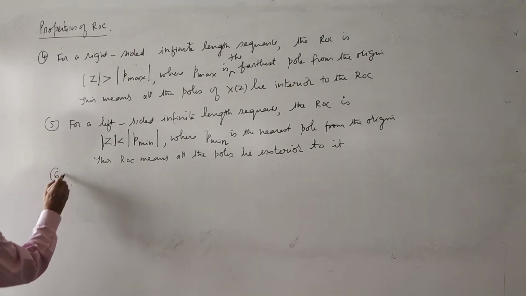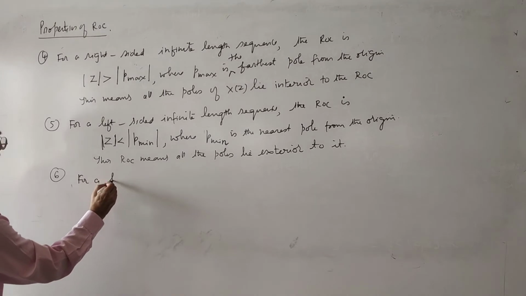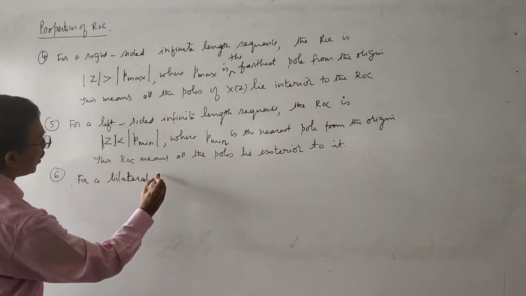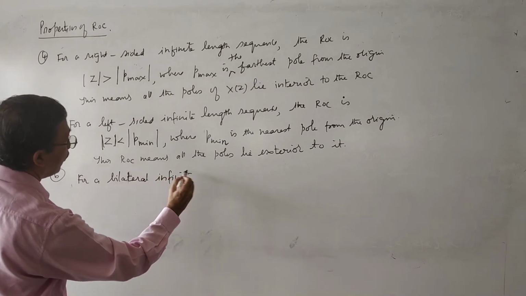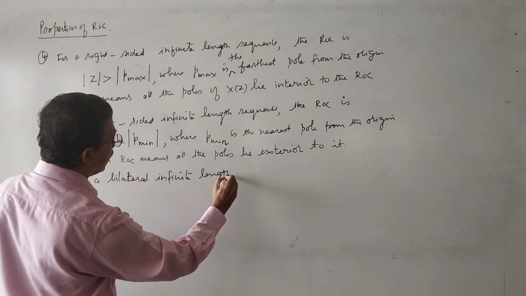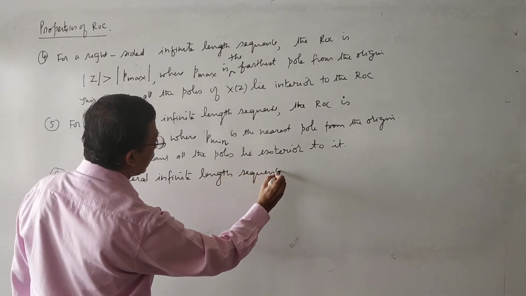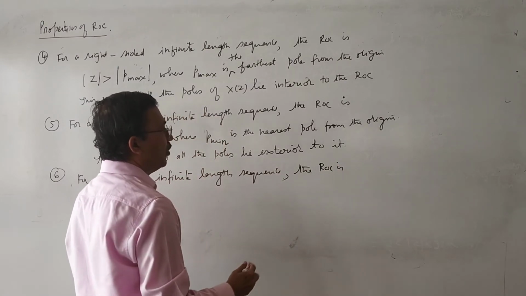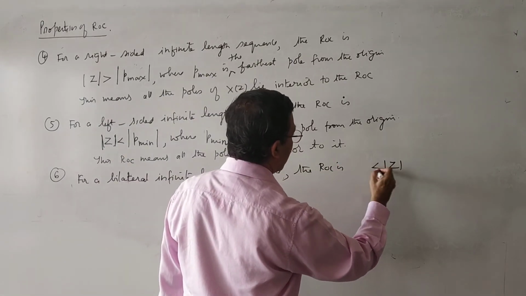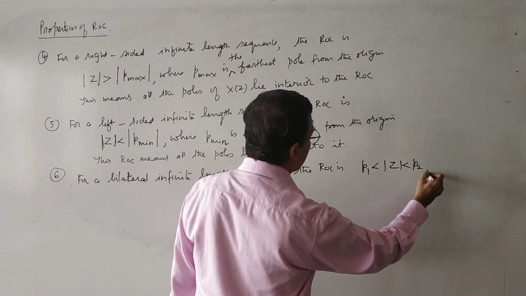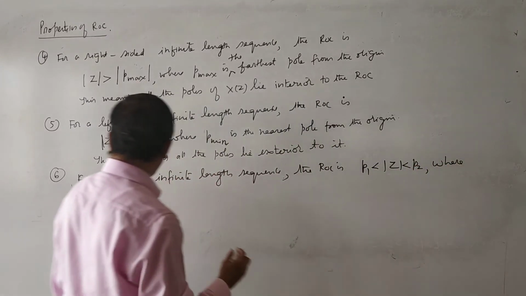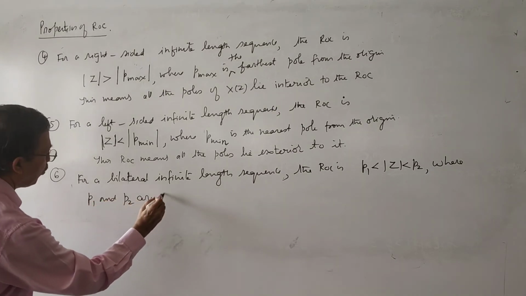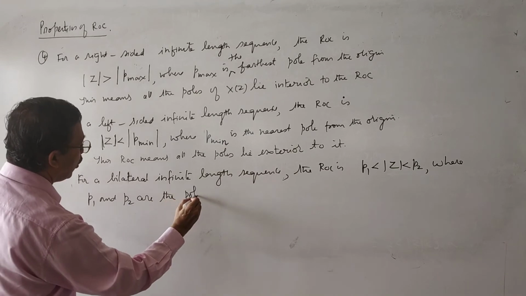Sixth property, for a bilateral infinite length sequence, the ROC is mod z greater than P1 and less than P2, where P1 and P2 are the poles of x of z.